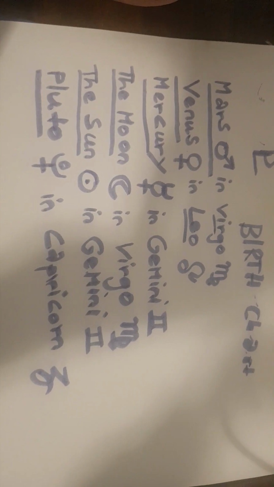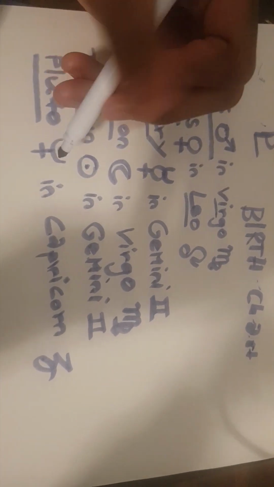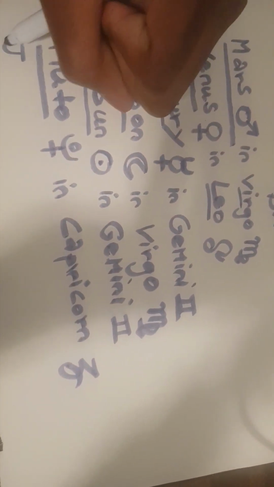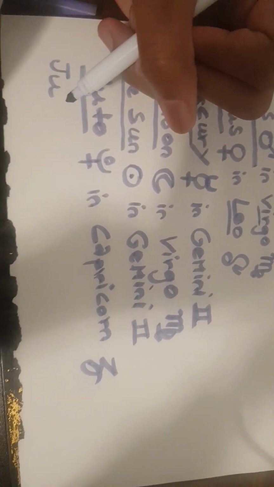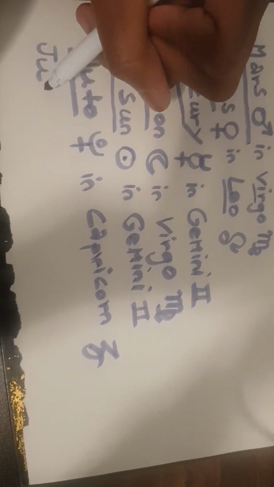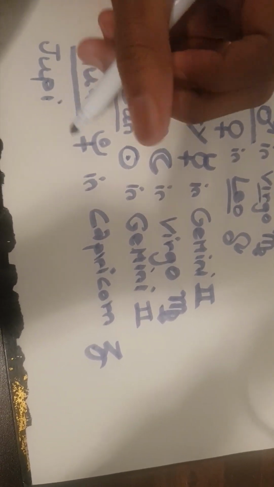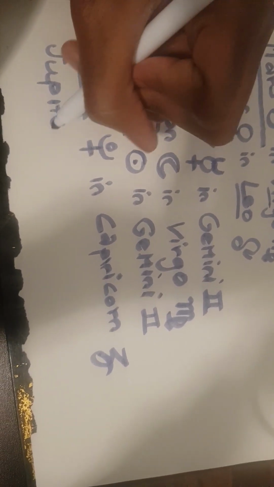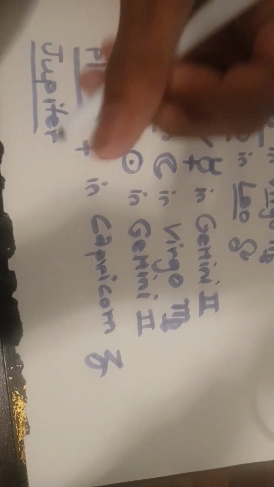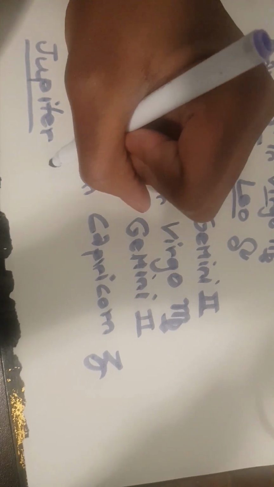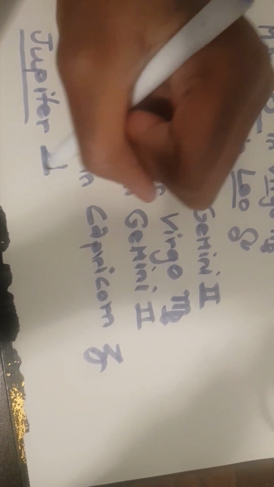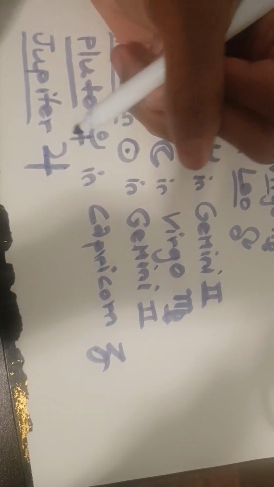Okay, next is Jupiter. So let's put Jupiter right here. It seems like I'm running out of space. I'm gonna have to do this in the back. The symbol for Jupiter is basically, it looks like a 4. So yeah, a little bit more exaggerated.